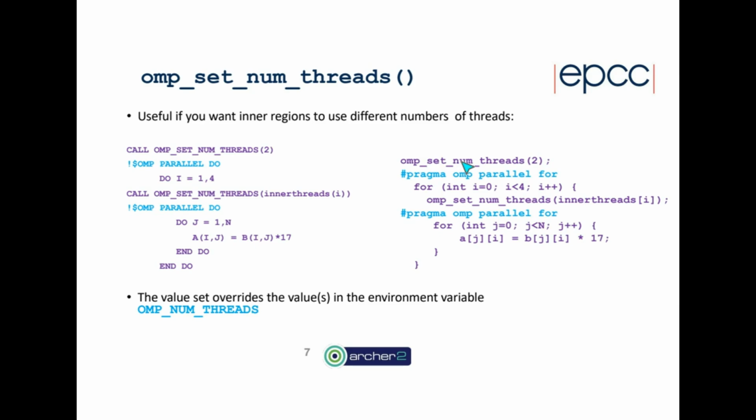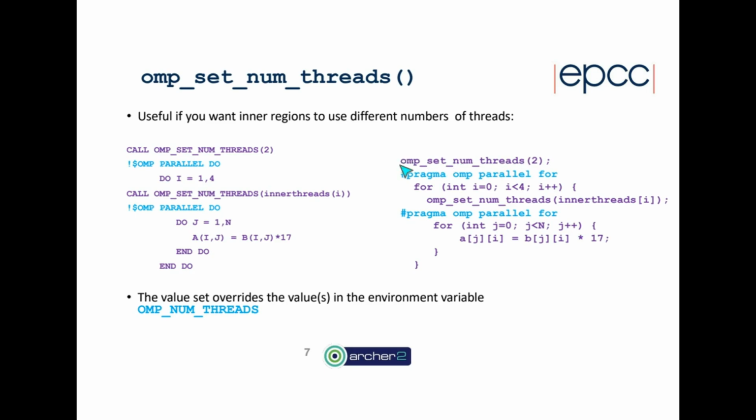One of these variables is called nthreads-var, and every thread has its own copy of nthreads-var. What nthreads-var does is control the number of threads that would be created if this thread comes across a new parallel construct.